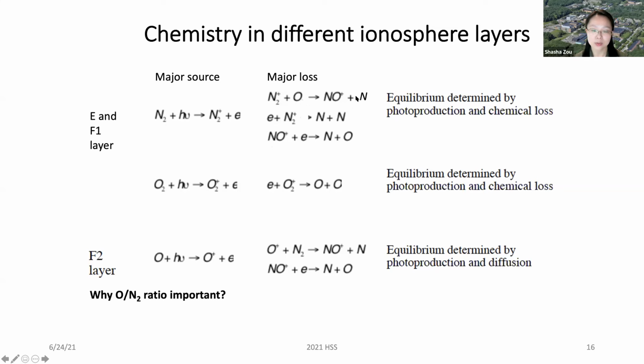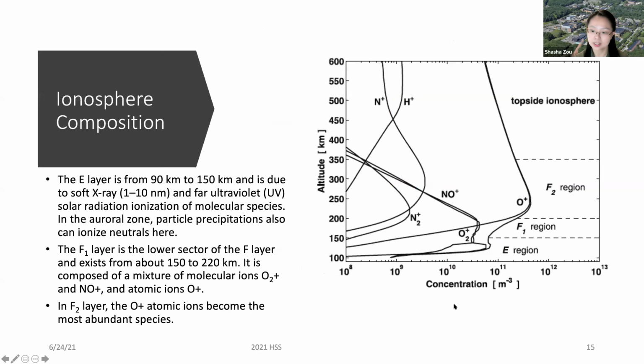So this is why we still see NO+ becomes an important plasma species in the ionosphere. So be very careful when you look at the ionosphere compositions. The surprising thing is that in the E region, the N2+ is not a major ion, but the O2+ and the NO+ are the most important ions here. Okay.